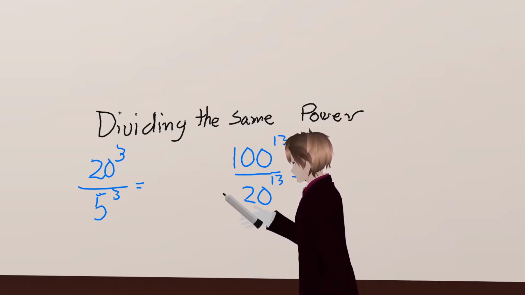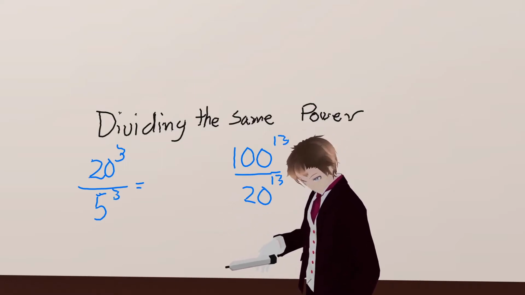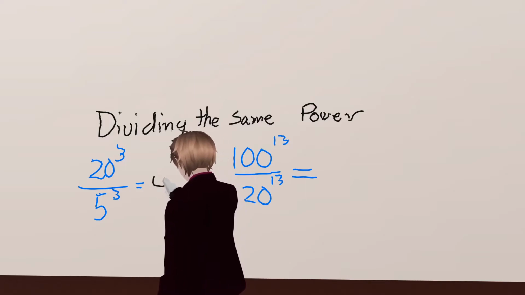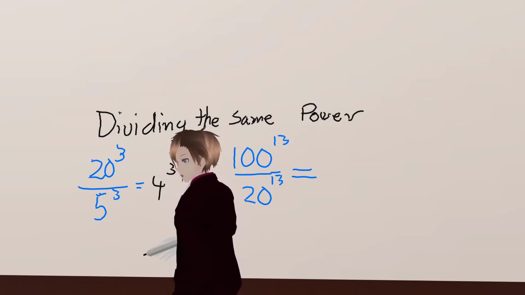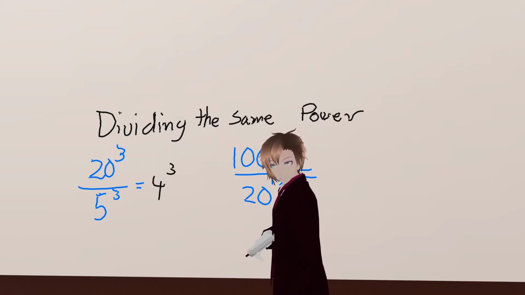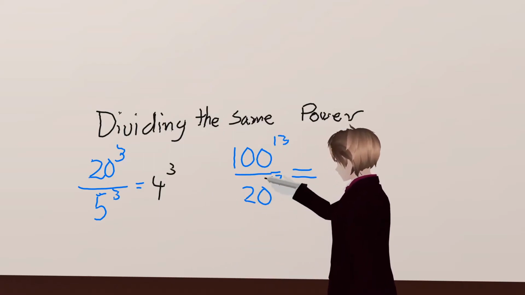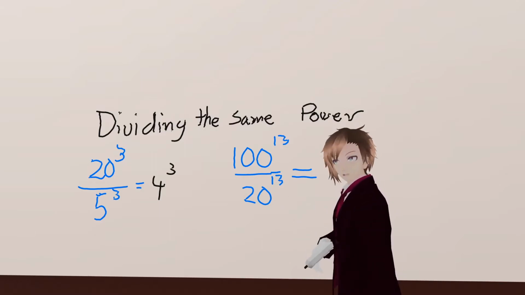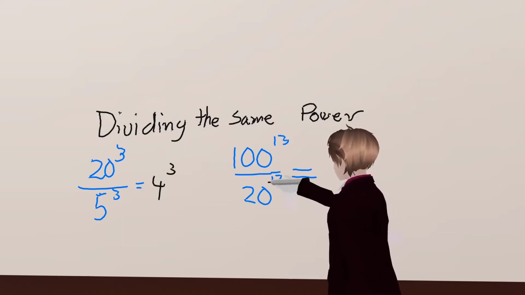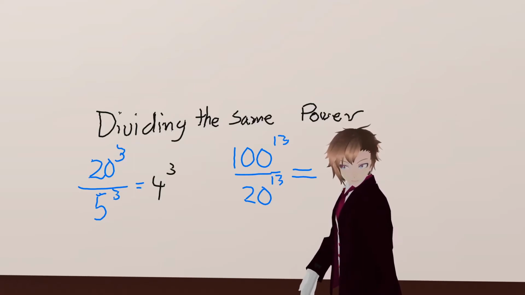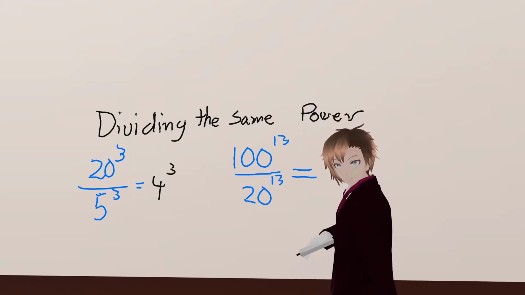So let's write that here. So 20 divided by 5 is 4. And this would just be to the power of 3. So the base number changed, the power didn't. Here, we have 100 to the power of 13 divided by 20 to the power of 13. These have the same power. So we can just do division normally, and then write the power at the end.